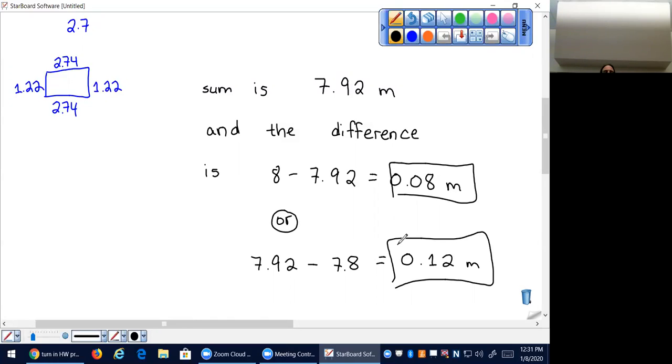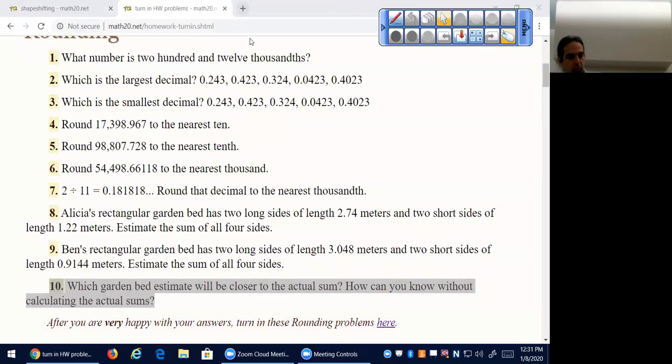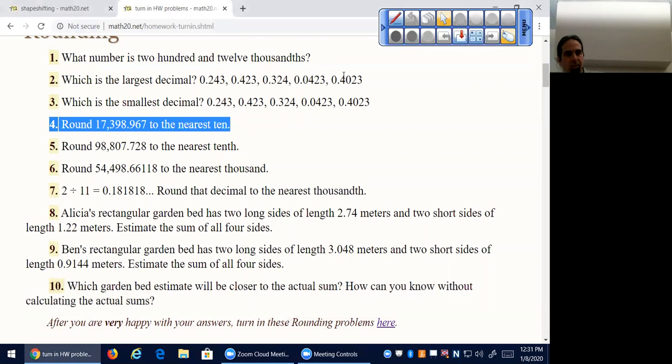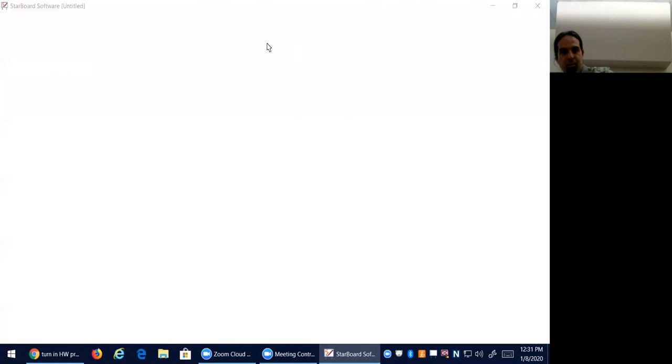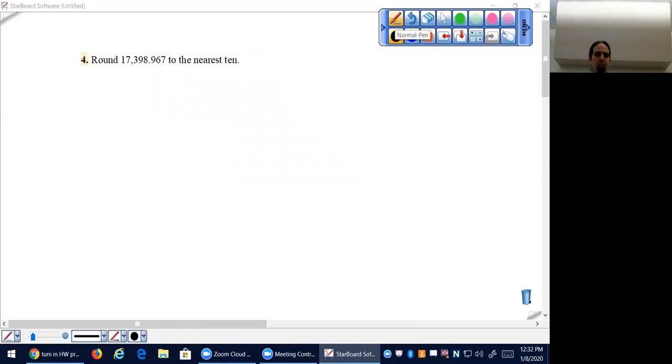Okay, other rounding homework questions from this or from other places. Number 4. Number 4, which was that? Round that to the nearest 10. Okay, well, I'm going to rewrite it big because that helps.